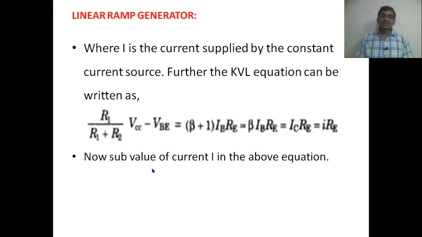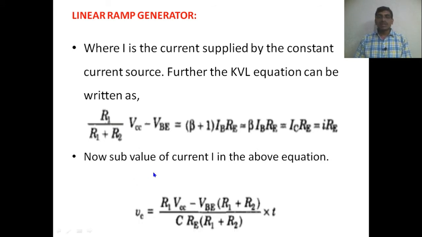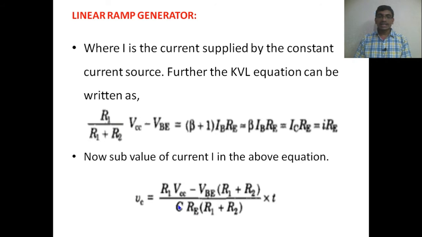Now substitute the value of current I in the above equation. We can write Vc is equal to, in the Vc equation we substitute the value of current, which gives Vc is equal to (R1 VCC minus VBE) into (R1 plus R2) by C RE into (R1 plus R2) into T.